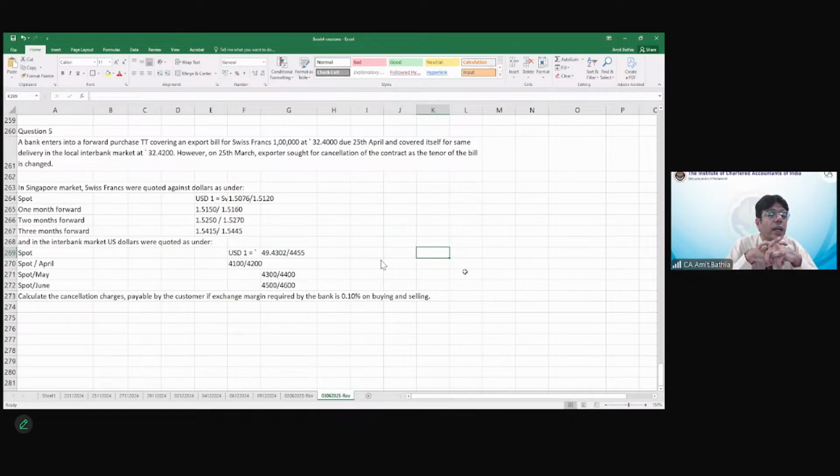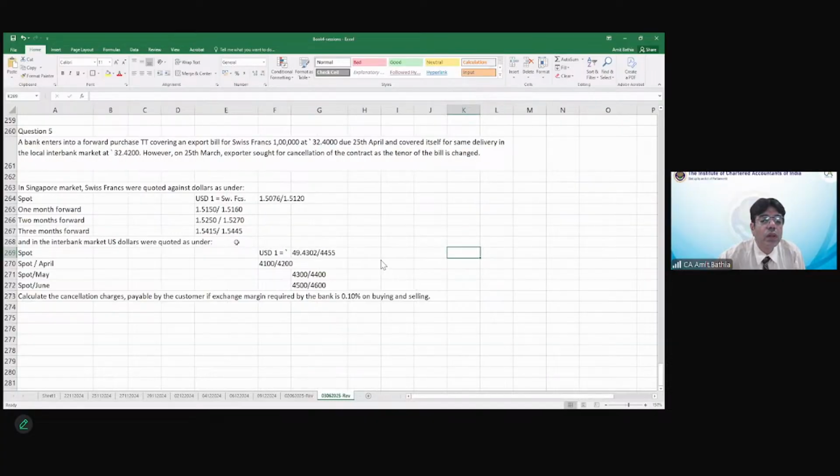In Singapore market, Swiss francs were quoted against dollars as under. Spot USD 1 is equal to Swiss franc, and I have 1 month forward, 2 months forward, and 3 months forward available to me. And in the interbank market, US dollars were quoted as under.